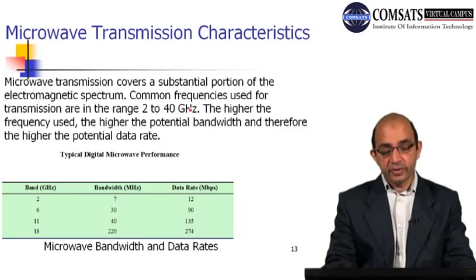As we have studied, the higher the frequency used, the higher the potential bandwidth, right? Therefore we can have a higher data rate. So here we have the performance chart, right? This is the band and bandwidth, effective bandwidth, and the data rate.